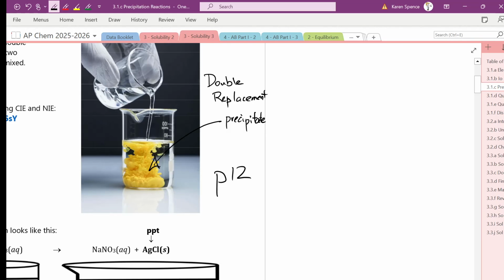And when you get a precipitate, what does it look like? The solution will look cloudy. Okay, because you have very fine particulates just suspended in the liquid. Fine solid particles suspended in the liquid.